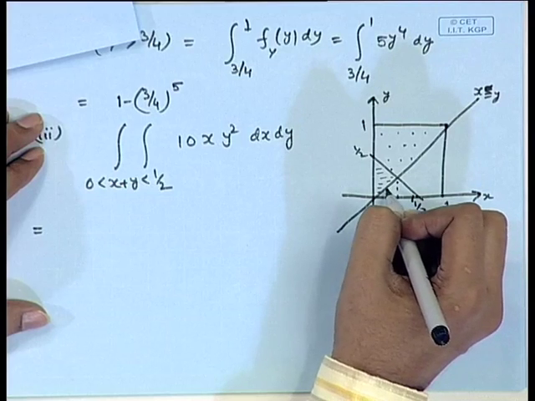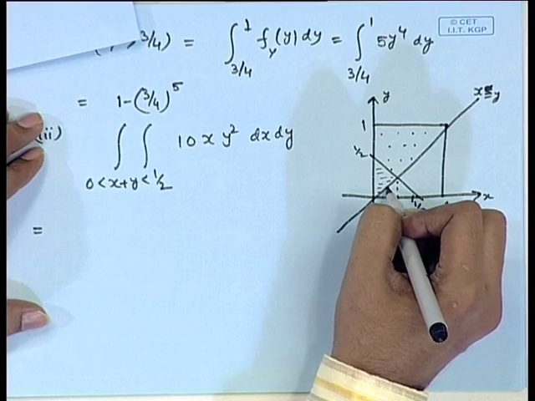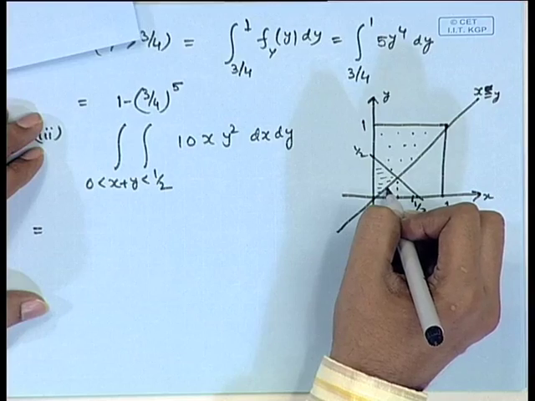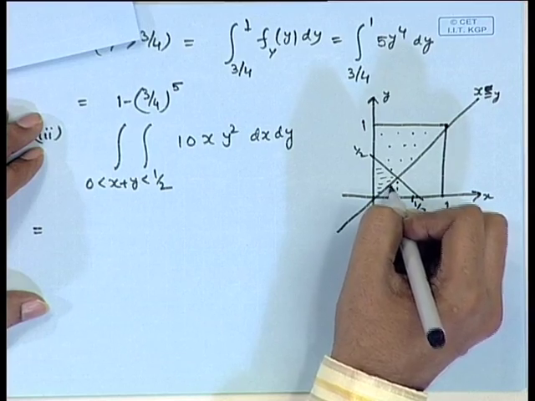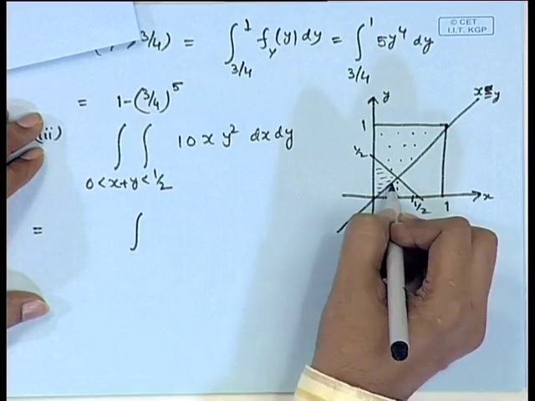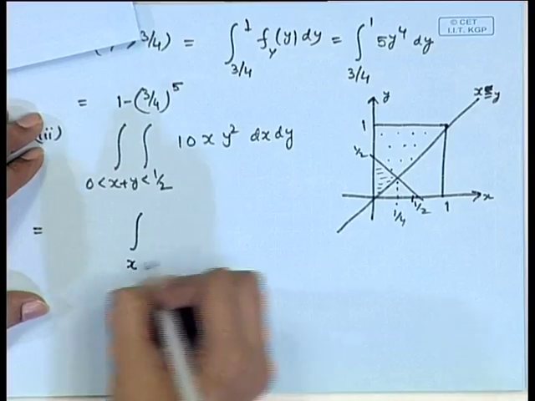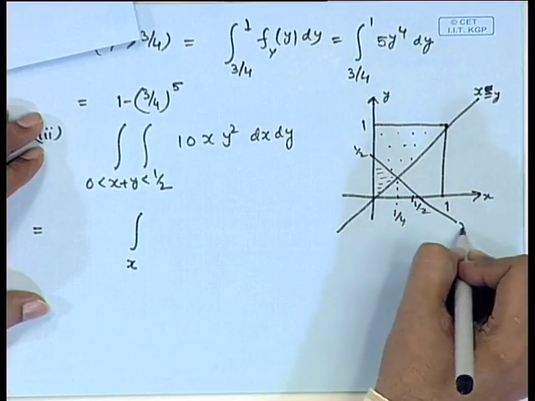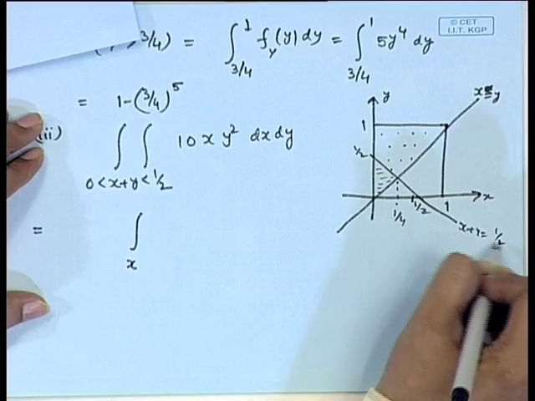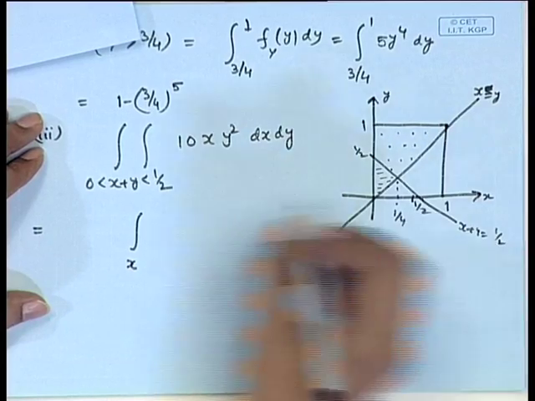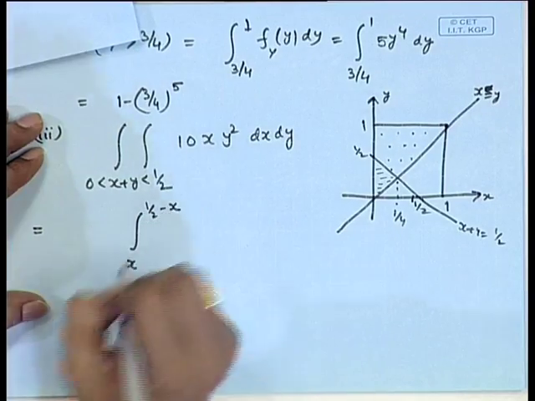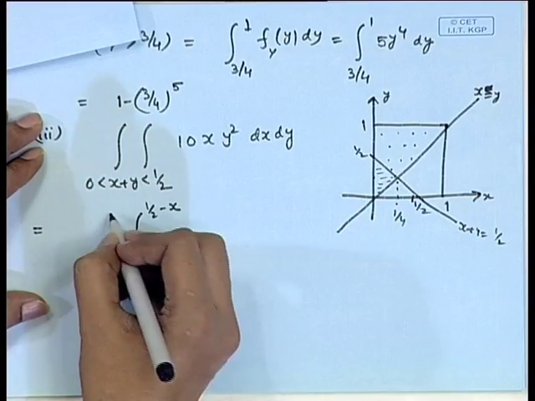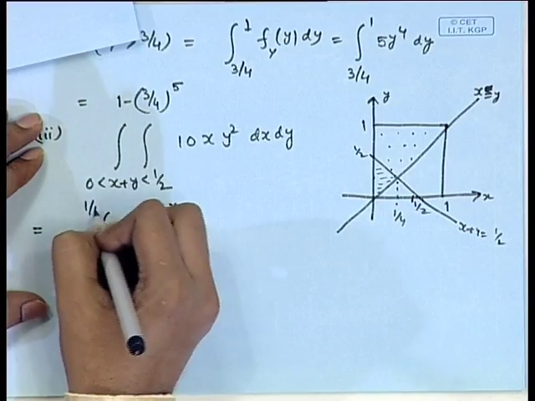So, if we integrate firstly with respect to y, then the range of integration is from x to, on this line x plus y is equal to half, so on this line y is equal to half minus x, and the range of x is from 0 to 1 by 4.